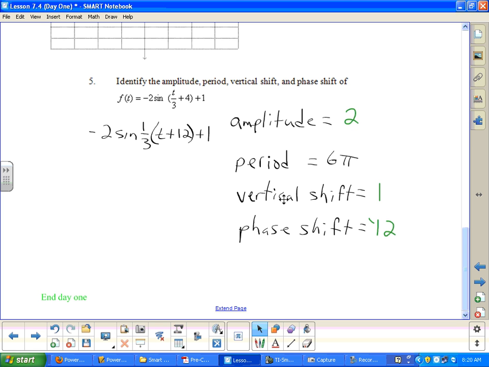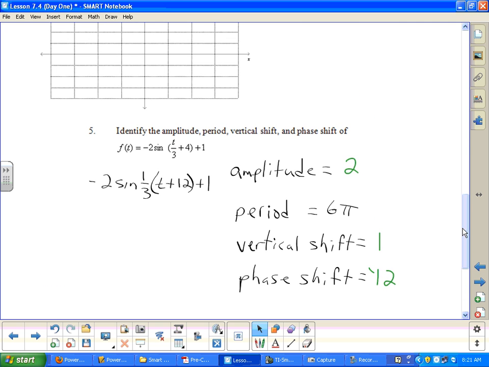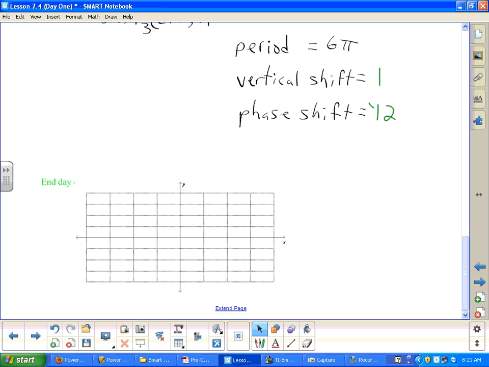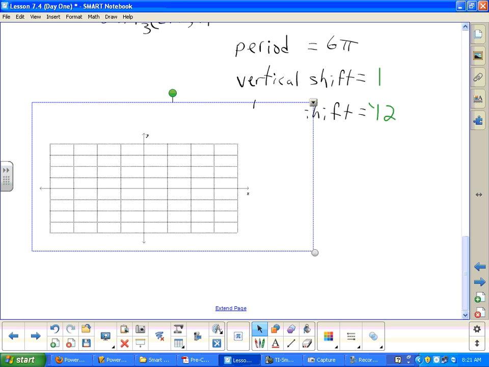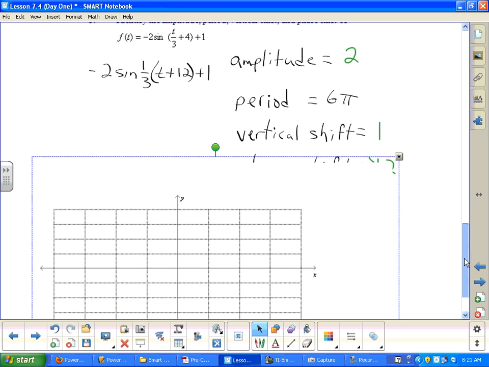But I want to look at graphing this for a moment and how you could graph this without your calculator. And this one will be a little bit harder than the example they gave in the book, but let's see if we can do this.